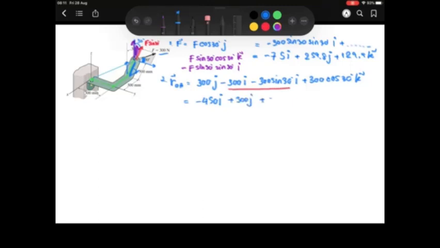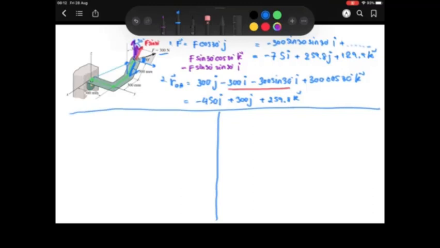So to find the component, you may use two methods. Whichever one is easy for you is okay.